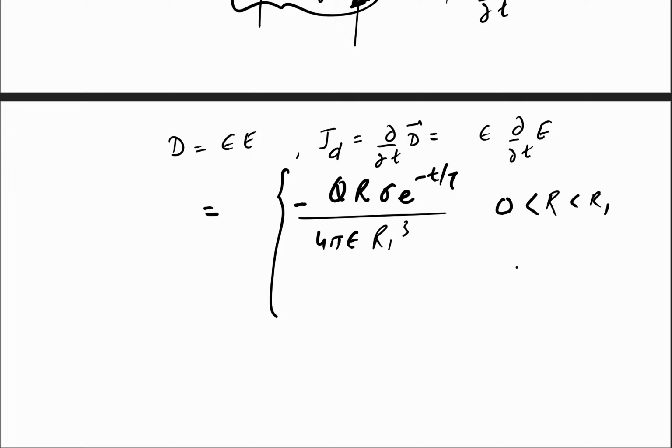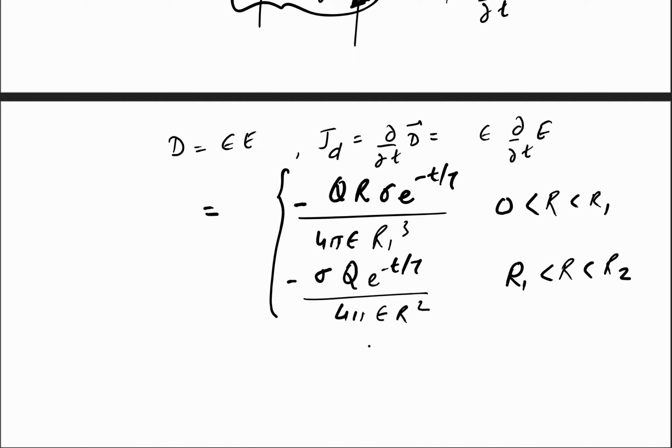And for the location between R1 and R2, we will find it to be sigma Q e to the minus t by tau over 4 pi epsilon r square. This minus sign is to show that it is equal and opposite to the conduction current density. And it is 0 outside the sphere.